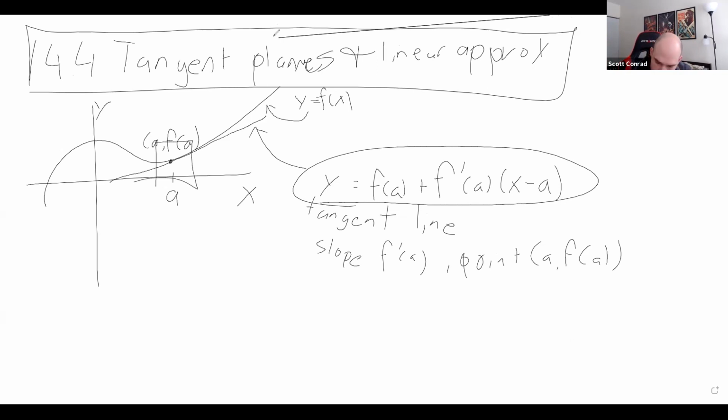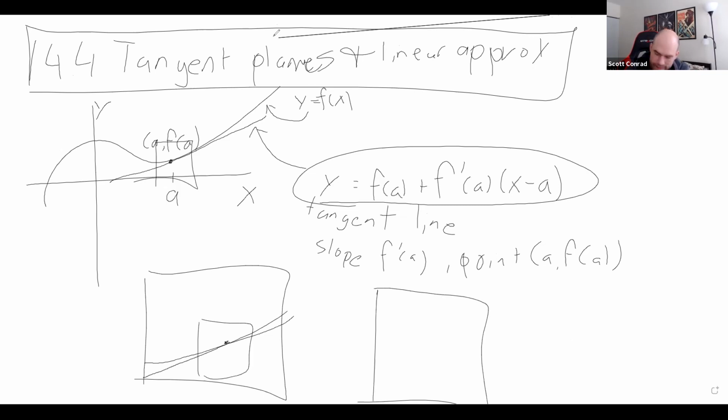So if we zoom in there, here's our function, here's the tangent line. If we zoom in more and more, the tangent line and the graph of the function become almost indistinguishable. Pretend they approach each other.